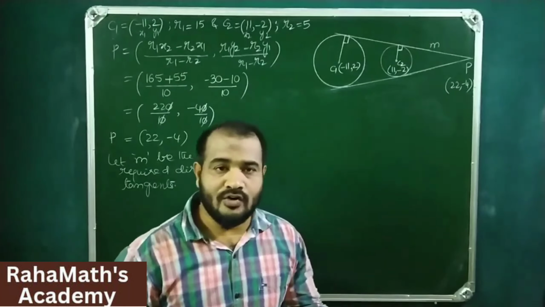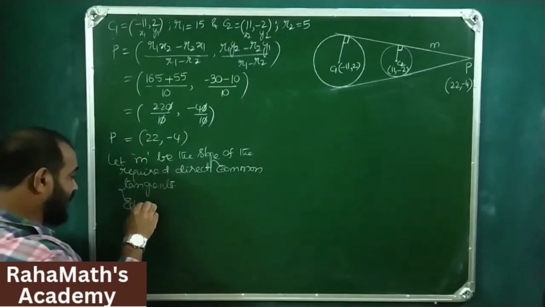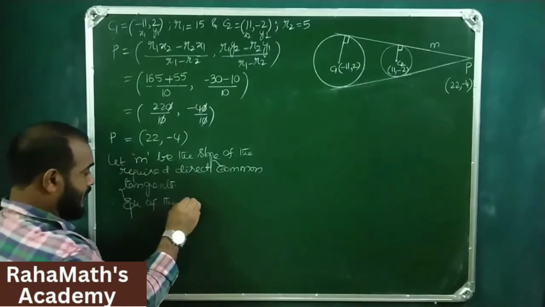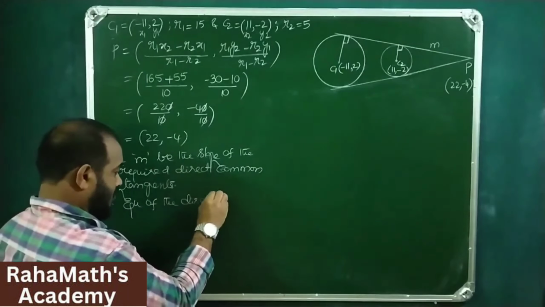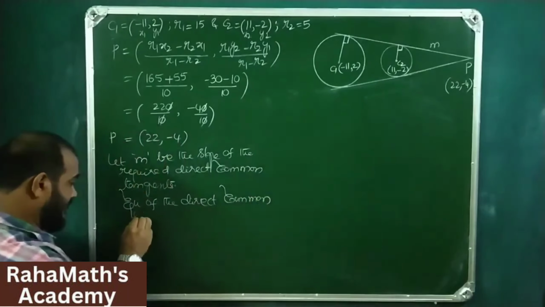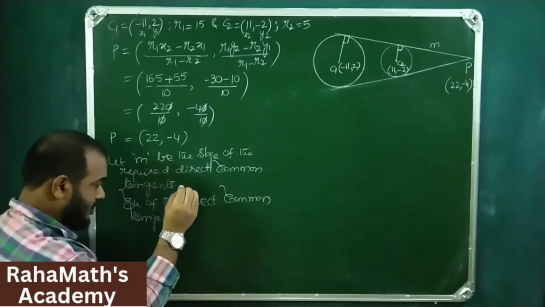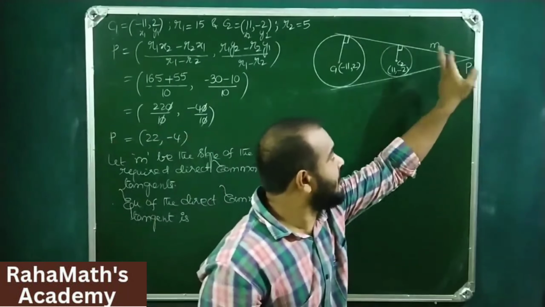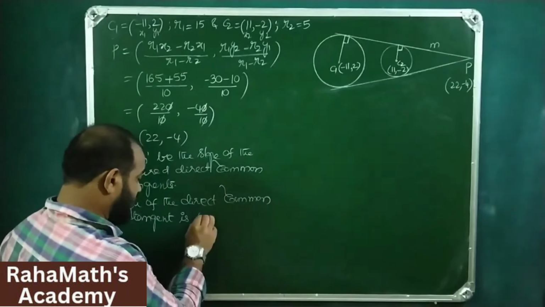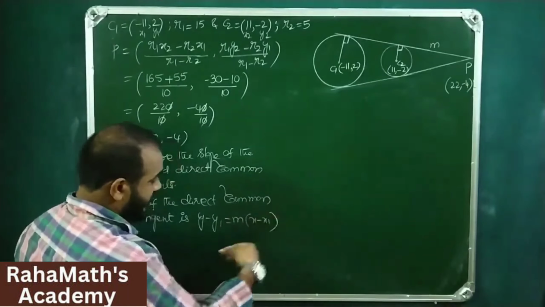So, slope point form. Therefore, the equation of the direct common tangent is, since we have a point and the slope, y minus y1 is equal to m into x minus x1.